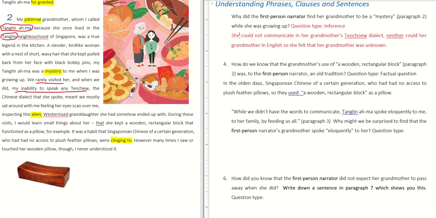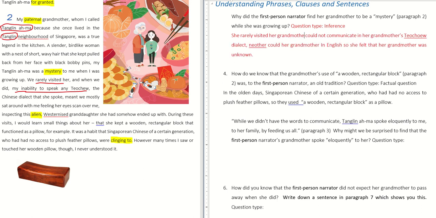First, she rarely visited her grandmother, so she did not have time to get to know her.